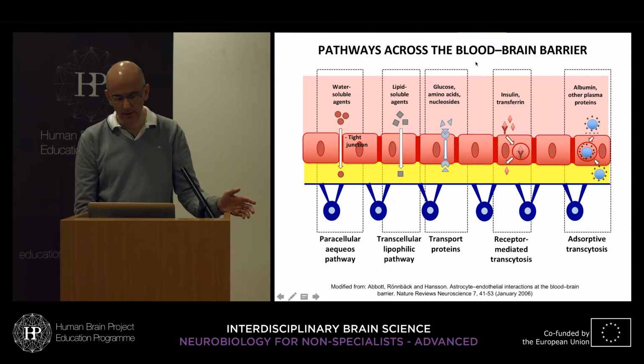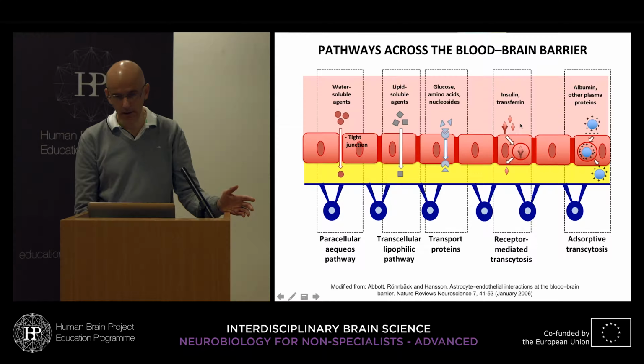With higher molecular weight molecules, it's more difficult because small molecular weight molecules like glucose, amino acids, and nucleosides use transport proteins like the glucose transporter to be transported through the blood-brain barrier.